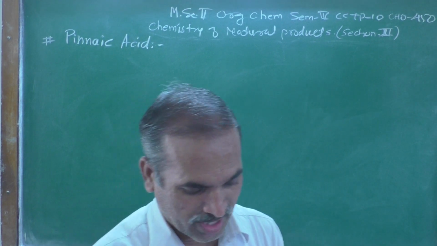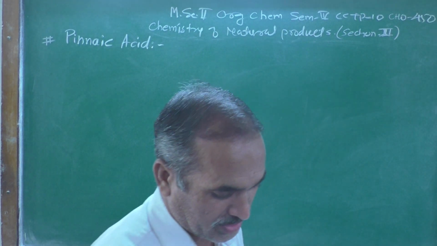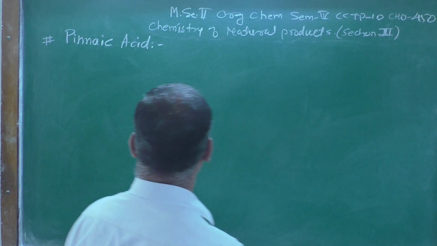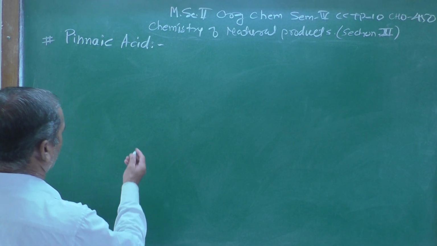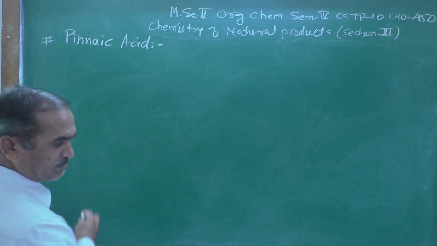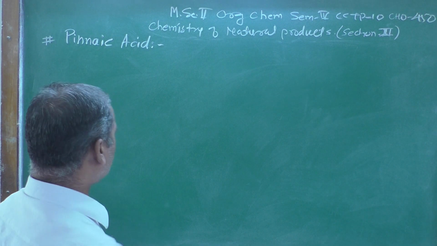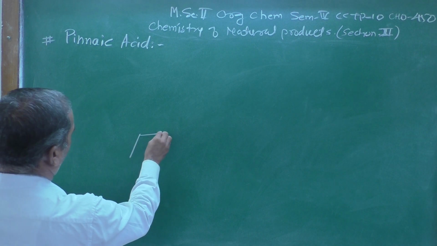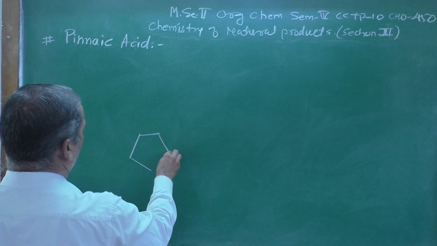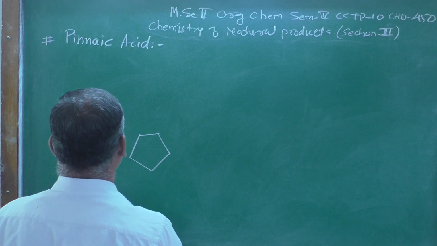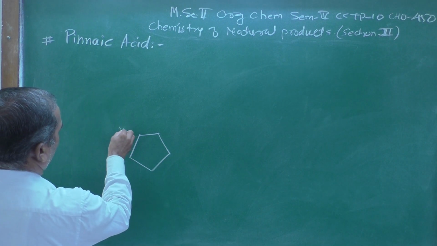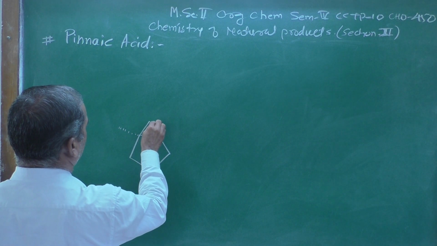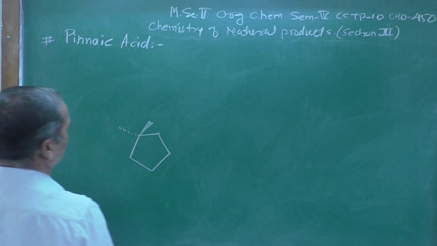And what is the structure of that phenaic acid? First, let me draw the structure here. There is a 5-membered ring, further joined to another 6-membered ring.